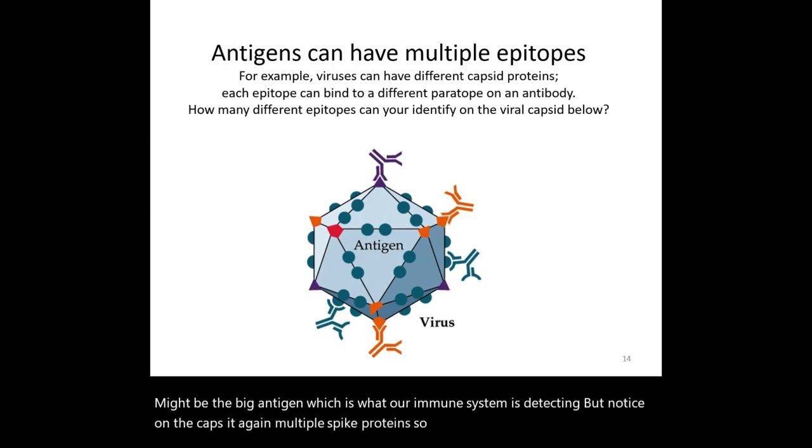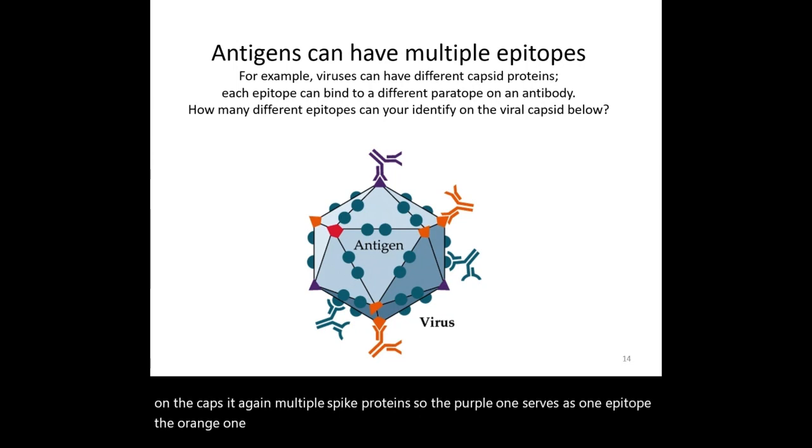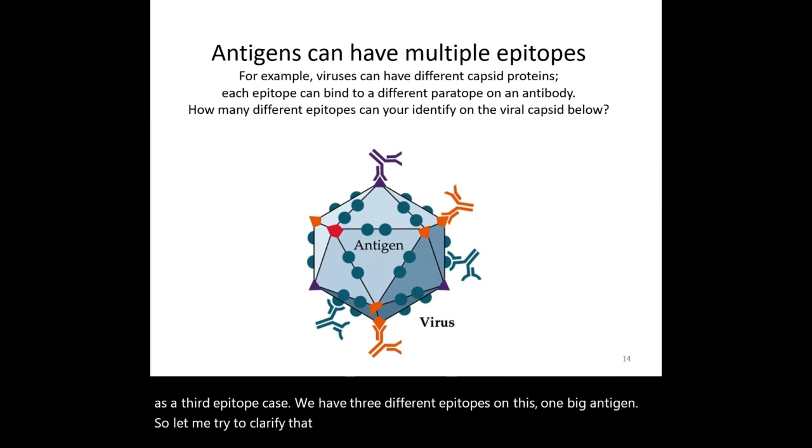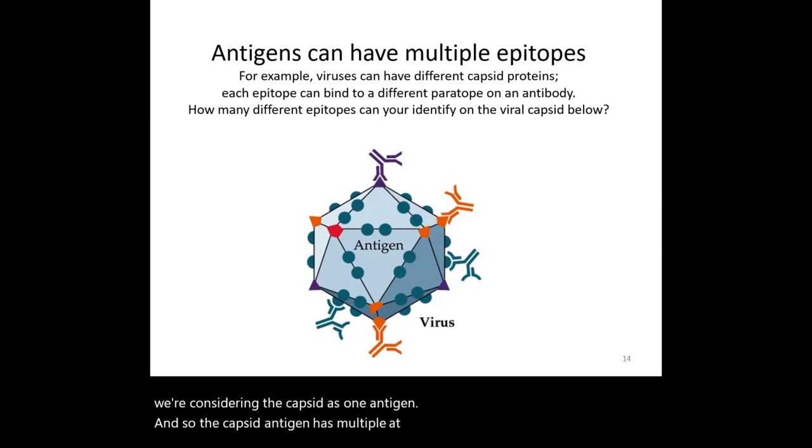So the purple one serves as one epitope, the orange one serves as a second epitope, and then this green one over here serves as a third epitope. So we have 3 different epitopes on this one big antigen. Let me clarify that, because I think I misspoke a few minutes ago. In this case, we're considering the capsid as one antigen, and so the capsid antigen has multiple epitopes.